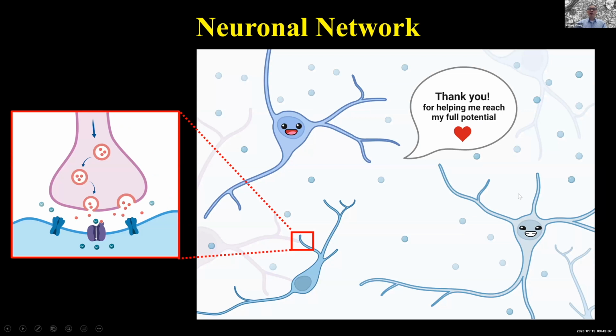Most neurons receive signals at the dendrites or soma, and send out signals down the axon.